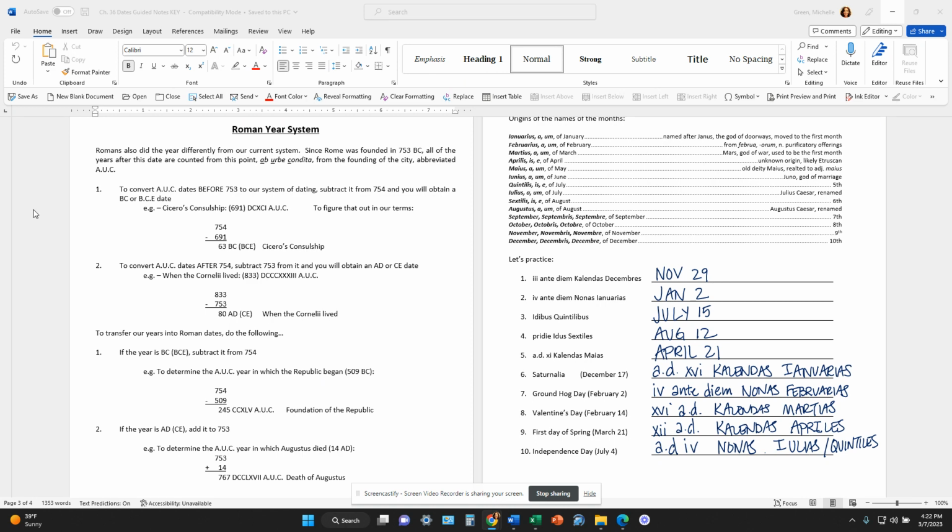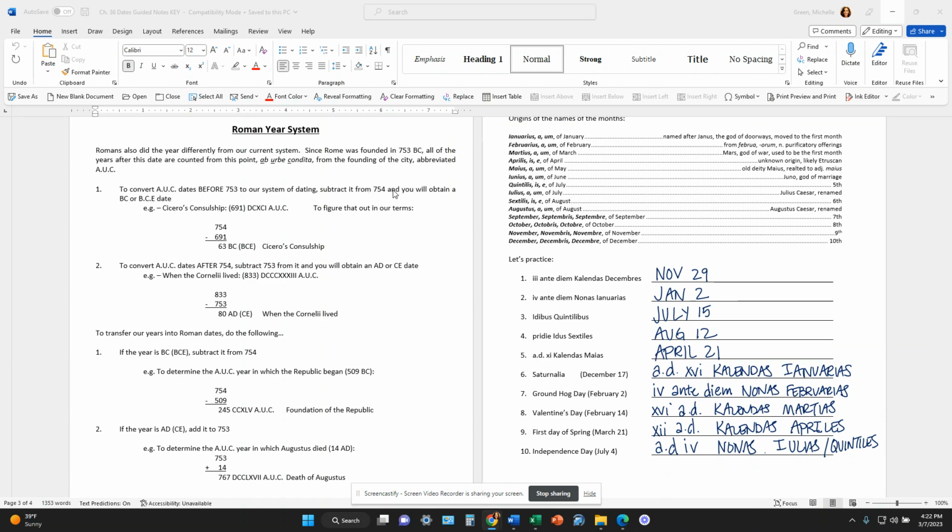So in order to convert a date written in AUC that is before the year 753, meaning it's going back in time even before Rome was founded, you're going to subtract it from 754. And again, that's because they do inclusive counting.